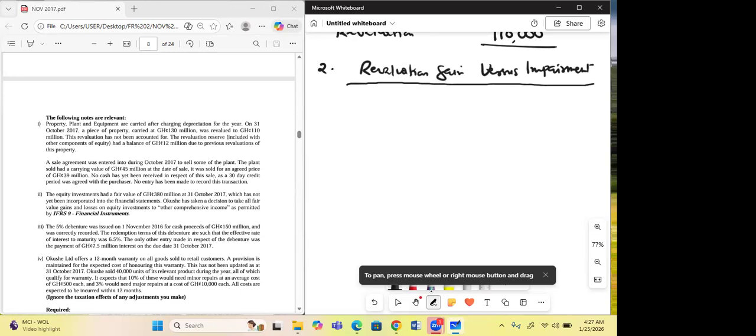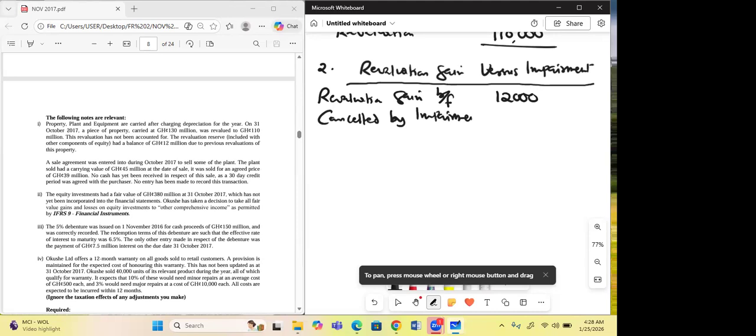Yes. Okay, so I'll put the revaluation gain brought forward, which they are telling you is 12,000. Now I'll use part of this 12,000 to cancel it, right? Yes. So let me say cancelled by impairment.